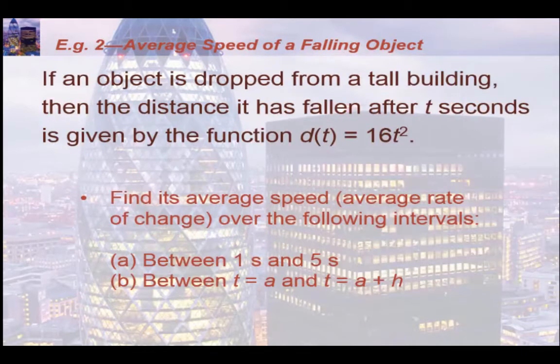Then I'm going to give you a problem about an object being dropped from a tall building, between 1 and 5 seconds. I'm also going to change this to show you between 3 seconds and 8 seconds, and you'll see the difference in the rate of changes.